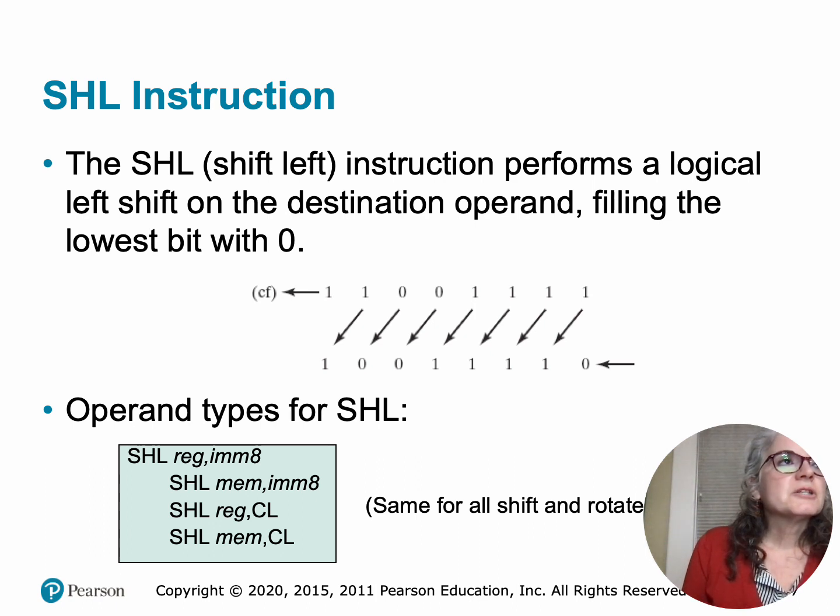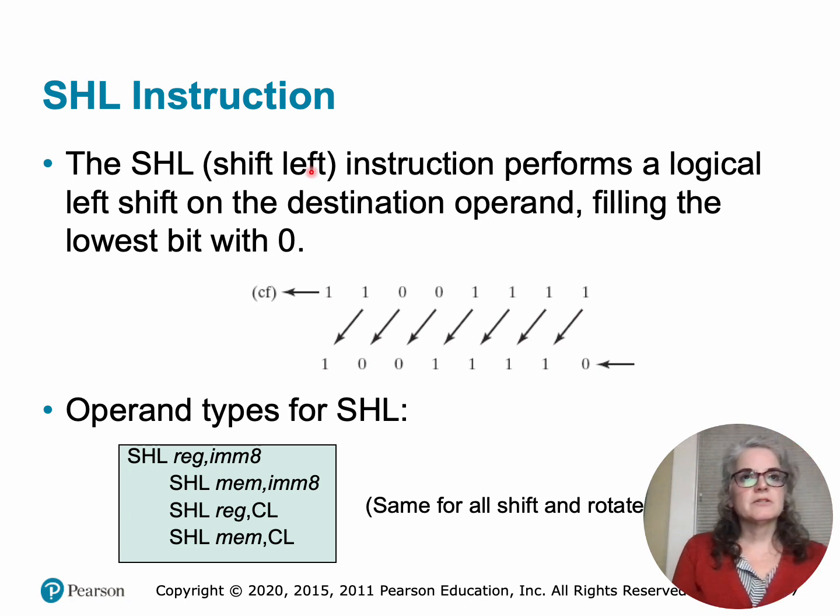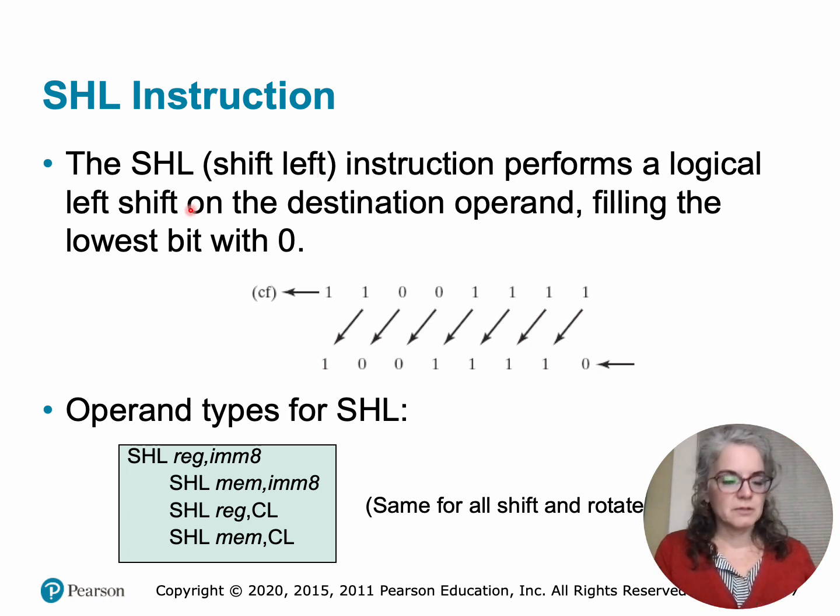So here's a shift left instruction. The shift left instruction performs a logical shift on the destination operand. So we have SHL. The destination operand can be a register, it can be memory, and the second value that we have here is going to be the number that we're going to shift.